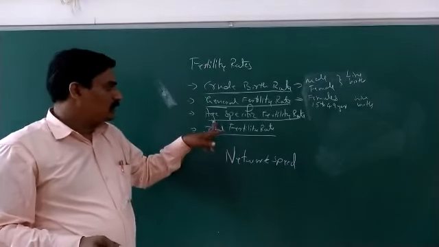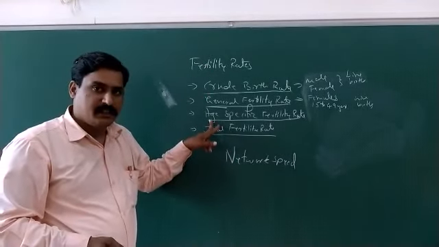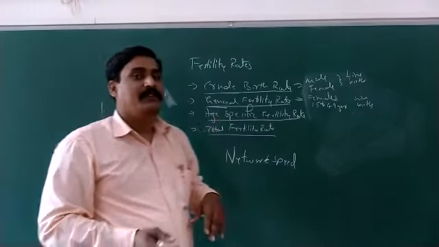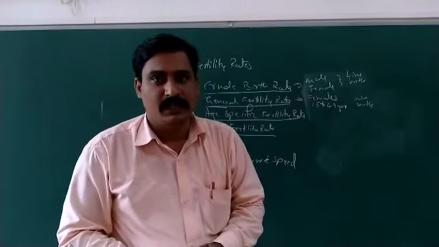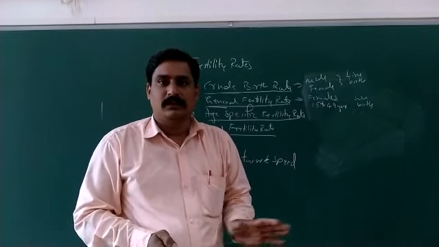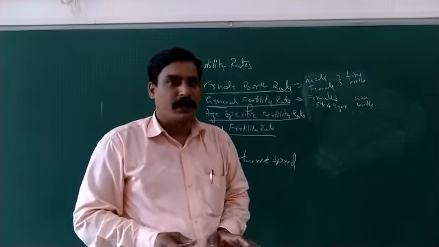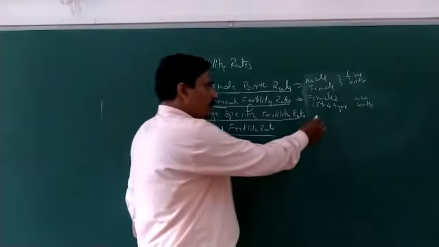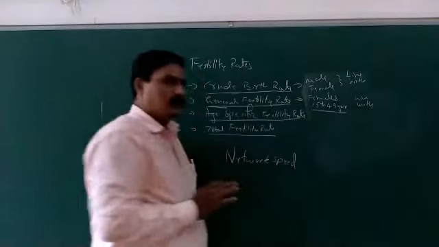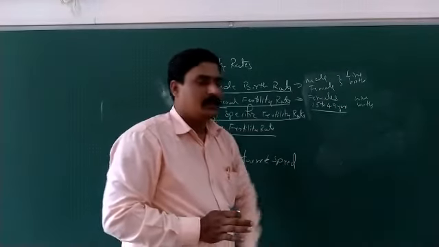So taking that into account, the next fertility rate is age specific fertility rate. Age specific fertility rate is calculated here, and here females of 15 to 49 years, no doubt, and live births are both there.